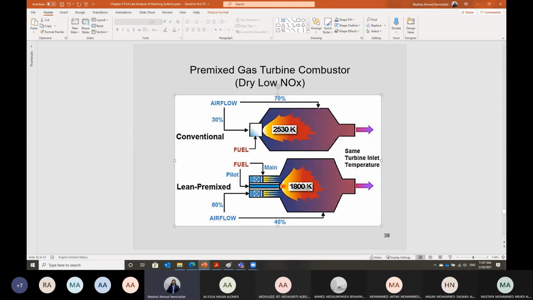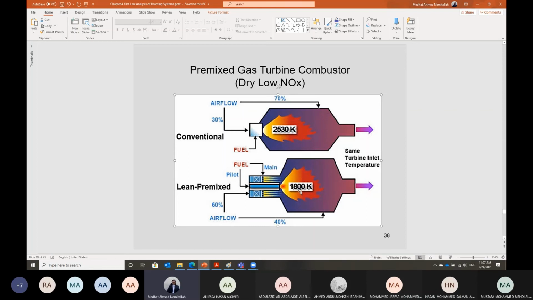If I raise the equivalence ratio close to 1, in this case, upstream of the combustor, we have a mixture of air plus fuel. That means this flame can propagate upstream of the combustor, and it may result in explosion. We call it flashback of the flame. But in case of non-premixed, air is separated from fuel upstream, so the flame cannot go outside the burner.